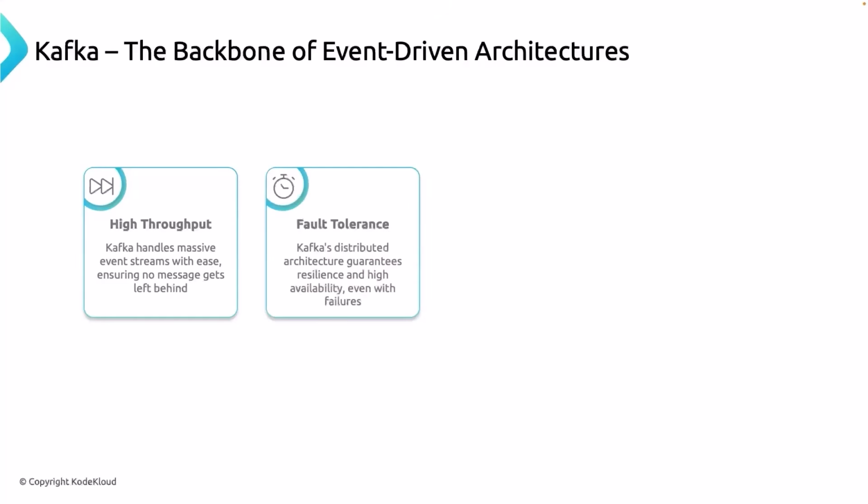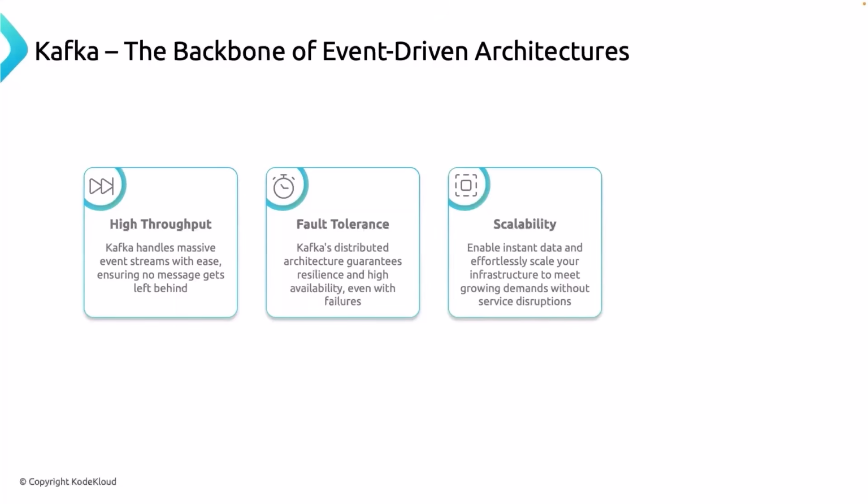Next, we have fault tolerance. Kafka's distributed architecture guarantees resilience and high availability even with failures. If one part of the system goes down, Kafka ensures your data stays safe and your system keeps running. Now let's talk about scalability.